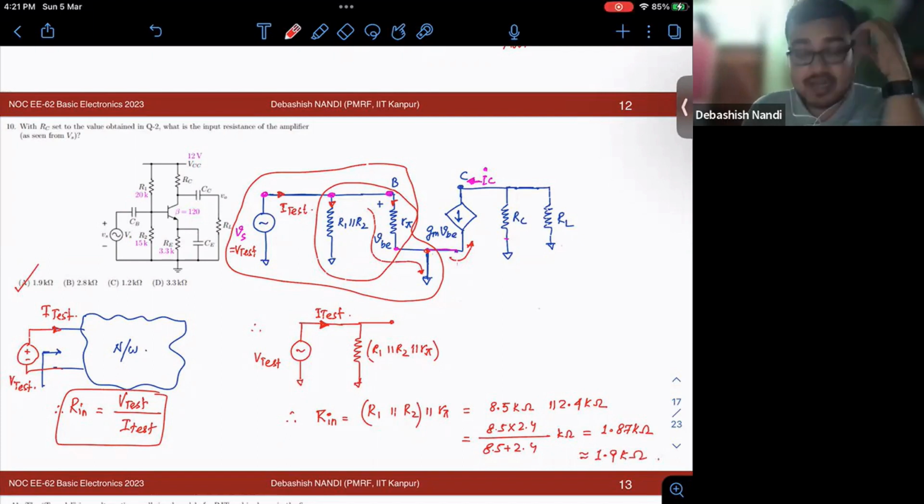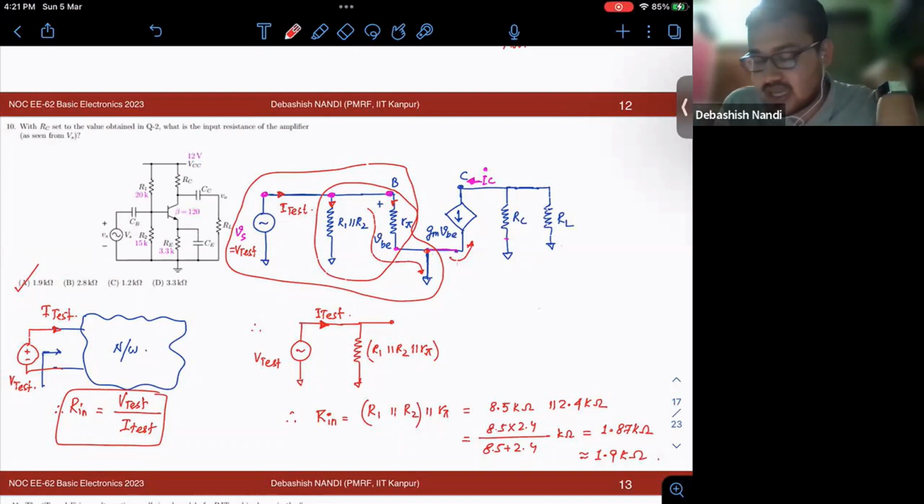So see from one circuit how many things you can analyze. We have discussed almost 10 questions from one circuit. So what I suggest you is that you take from any book, Sedra Smith or Boylestad Nashelsky or Millman Halkias, any book, take out any circuit and try to analyze everything.